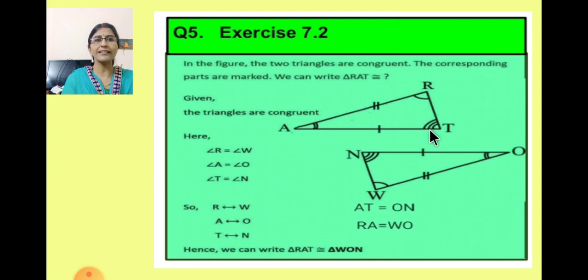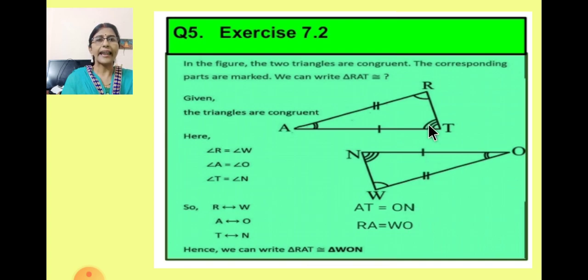So angle T is equal to angle N. Here also you can see the same arcs are given. And then sides also, we'll write AT is equal to ON. You can see here AT, this is the side with one line here and here also one line in between. So we'll write AT is equal to ON. So these sides are also equal.